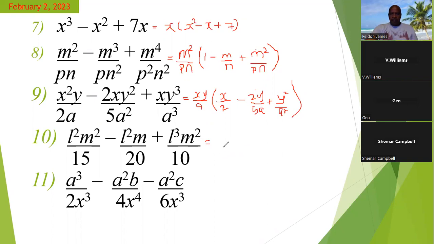It's L square M common. Common L. It's common L. And then M. Common L square M. Over, and then you have 5 as a denominator. Okay.